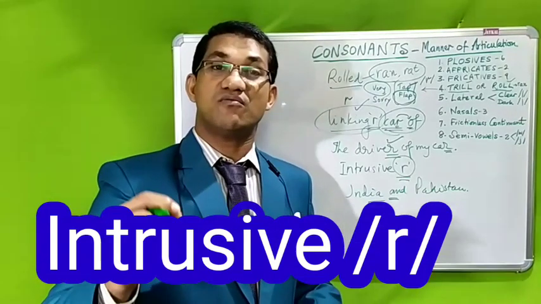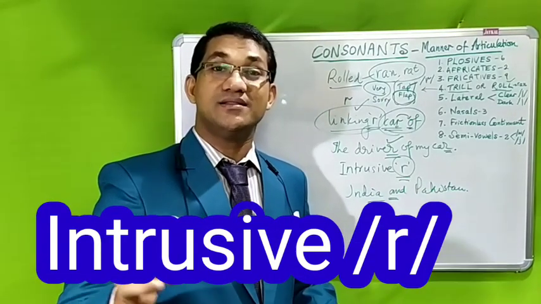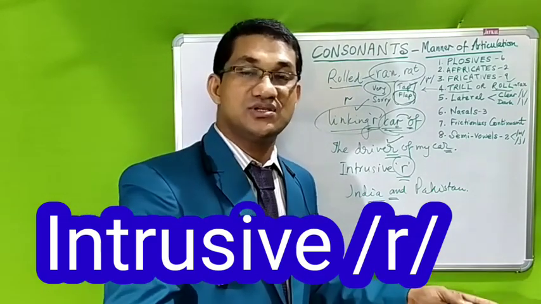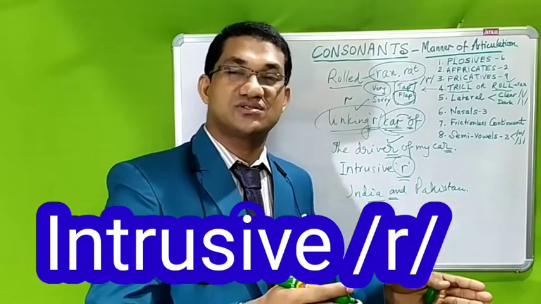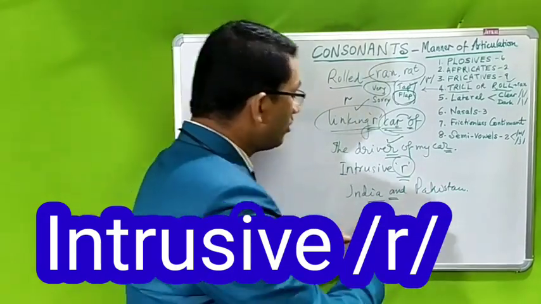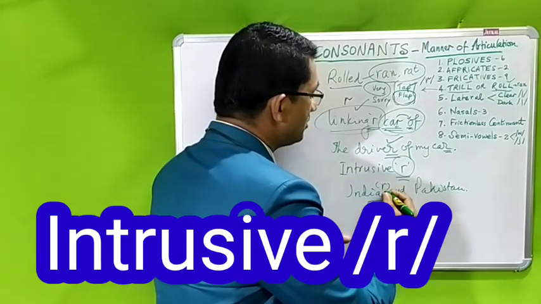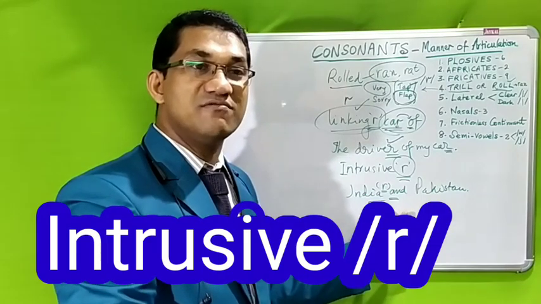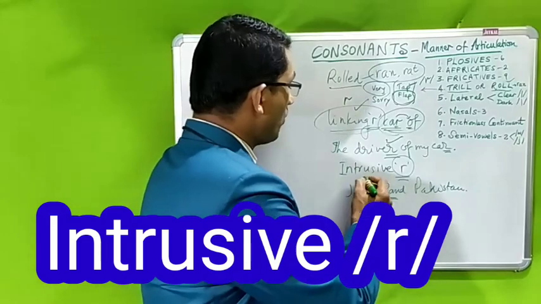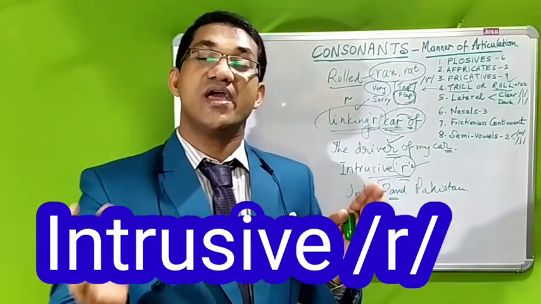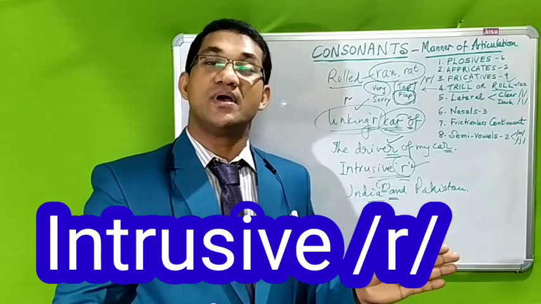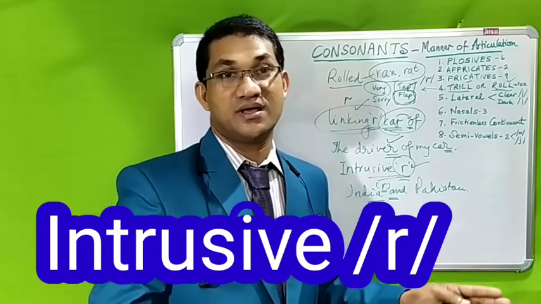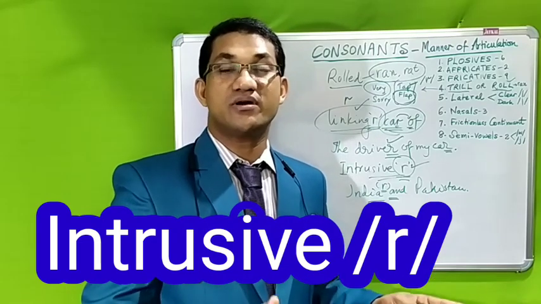So in this context of one word ending in a vowel sound and another word beginning with a vowel sound, native speakers have a tendency to intrude or bring in an R, and that R which is just introduced into word boundaries ending in vowel sounds is what is known as intrusive R. They would be speaking something like India R and Pakistan, Asia R and America, Asia R and Africa.